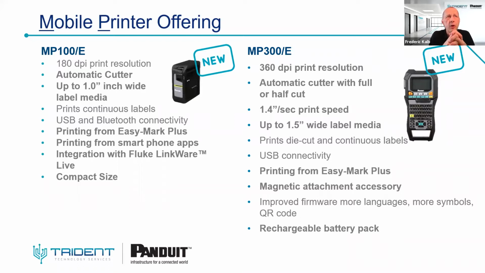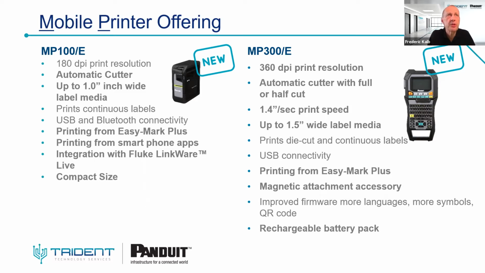This printer offers the integration with Fluke Linkware Live software. That means that when you test a connection, you can automatically generate the labels with the information of the test by using the Fluke Linkware Live capabilities.